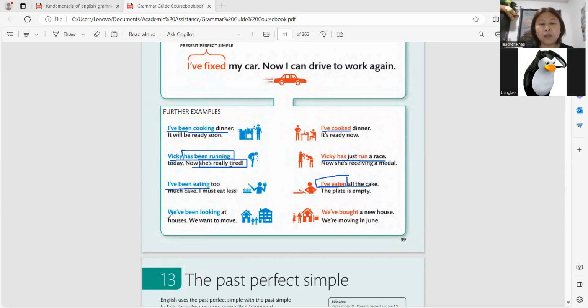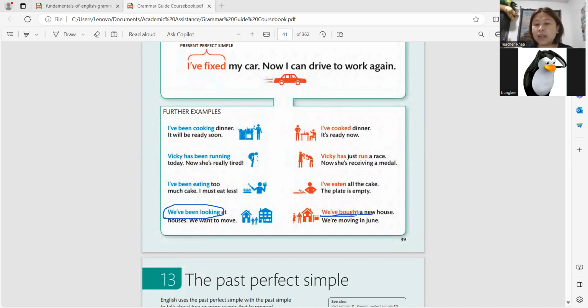Next is we've been looking at the houses. We want to move. So this activity is still in progress. You started the activity in the past and it's still continuing in the present. Here we've bought a new house. We're moving in June.